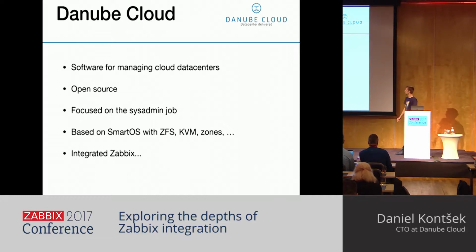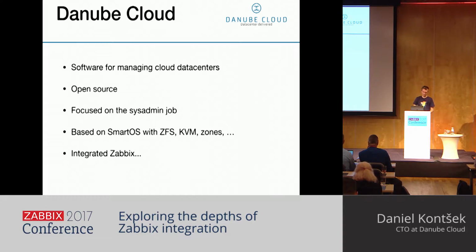Danube Cloud is based on SmartOS, which is an Illumos distribution, Illumos being an open Solaris fork. And it has really cool features. For example, it has ZFS, it has KVM, which was made by Joyent, a company which was mentioned in the first talk, and it has also zones, which are containers but more mature, and it has DTrace and Crossbow and lots of cool features.